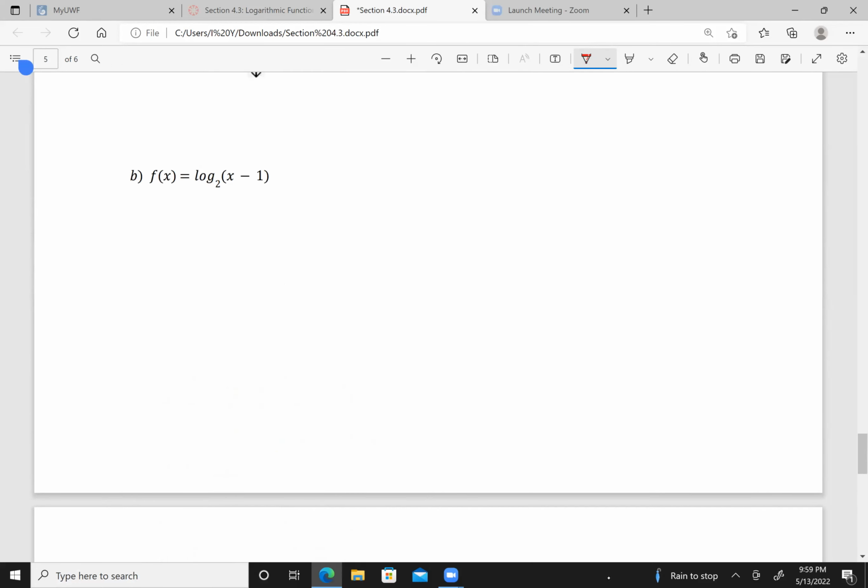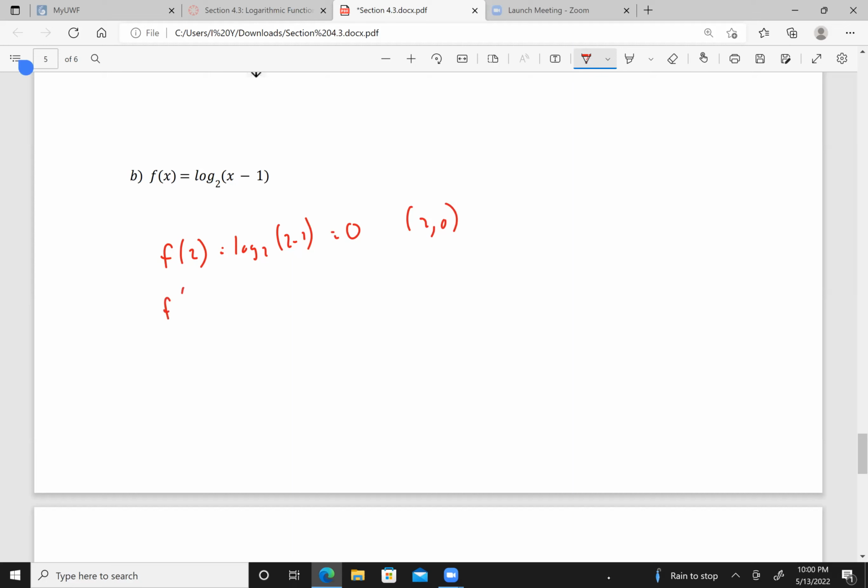So what is f of 2? Well, that is log base 2 of 2 minus 1, which is 0. So I have the point 2, 0.